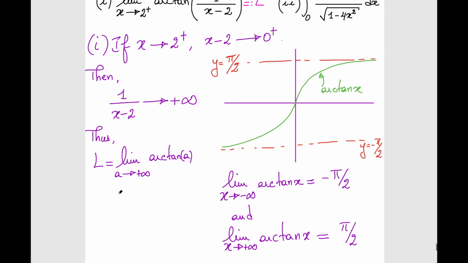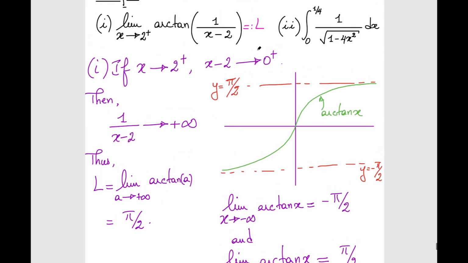Forget about the name x, call it A or something. The limit as A goes to plus infinity of arctan of A is pi over 2. So this is pi over 2. Okay. So this function has a hole at 2 comma pi over 2.